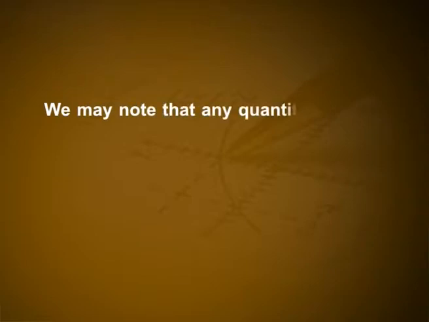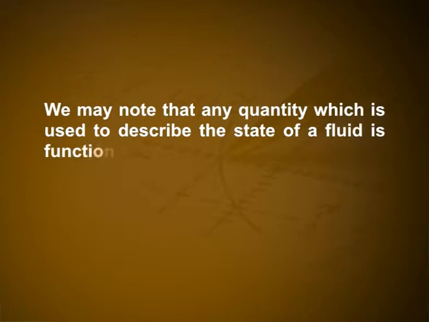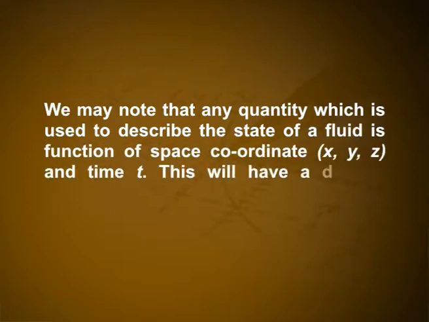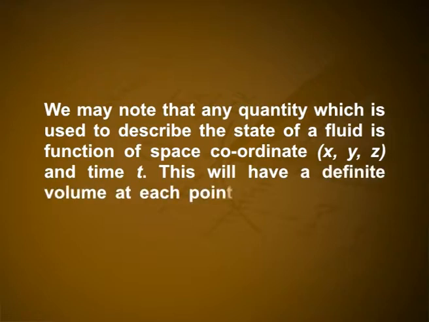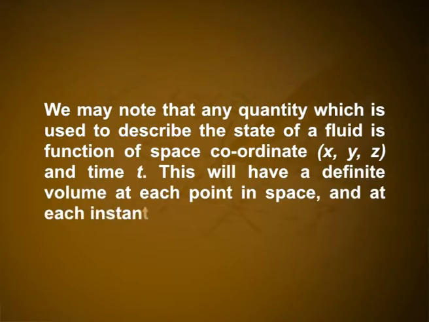We specify the motion of fluid by density rho of x, y, z, t and velocity v of x, y, z, t. We may note that any quantity which is used to describe the state of a fluid is a function of space coordinates x, y, z and time t. This will have a definite value at each point in space and at each instant of time.